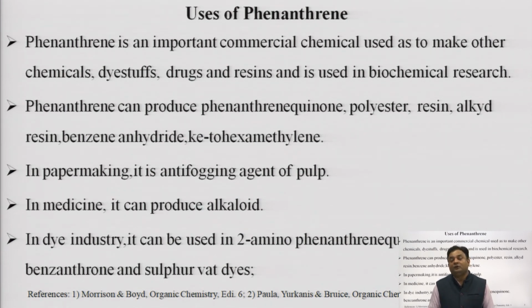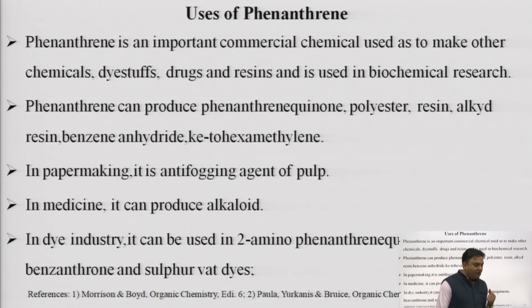It can also be used in biochemical research. Phenanthrene can produce phenanthroquinone, polyester resins, alkyl resins, benzene anhydride, then ketohexamethyl.